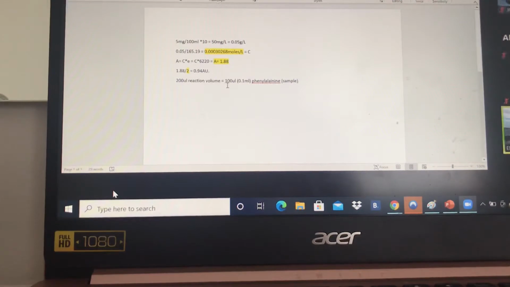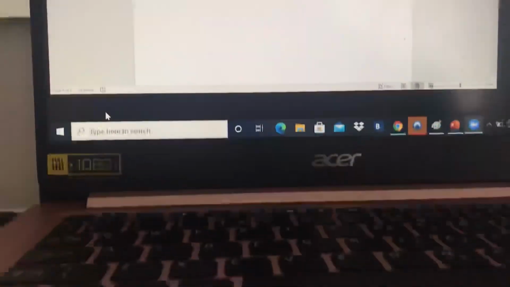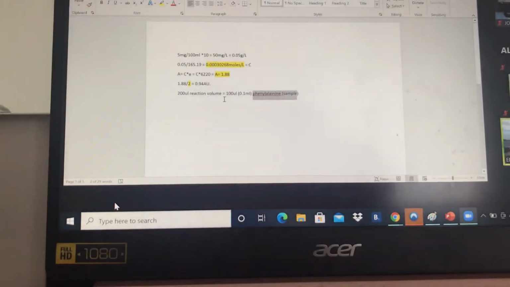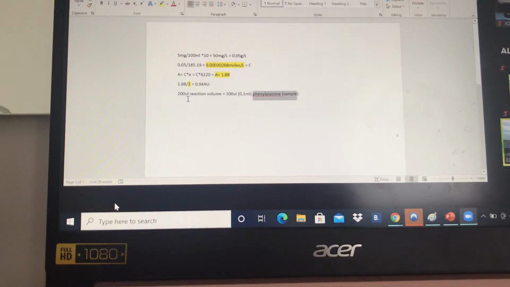Okay, because if we make 100 microliters of the reaction volume our sample, and then we add 100 microliters of all the other stuff, we end up with a total volume of 200 microliters, in which the phenylalanine has been diluted by half. 100 microliters has ended up dissolved in the total volume of 200 microliters. And that means the highest absorbance possible will have dropped from 1.88 to 0.94.